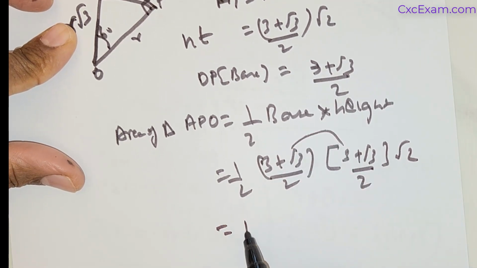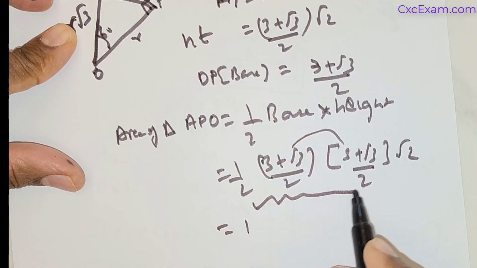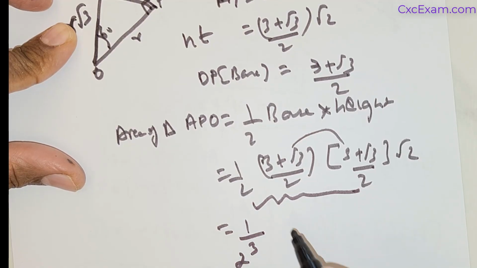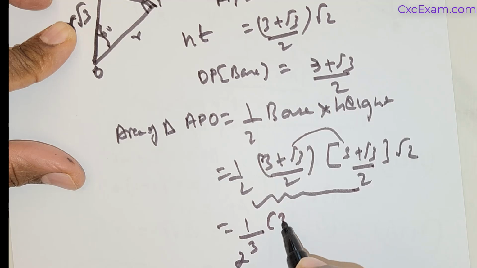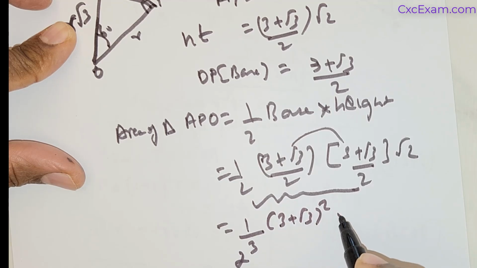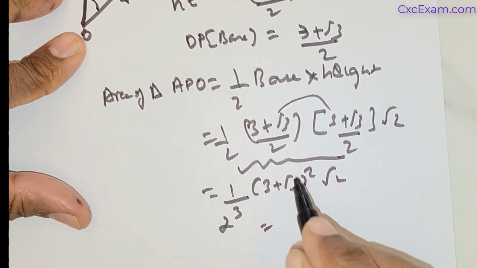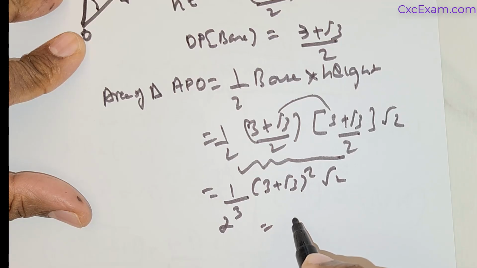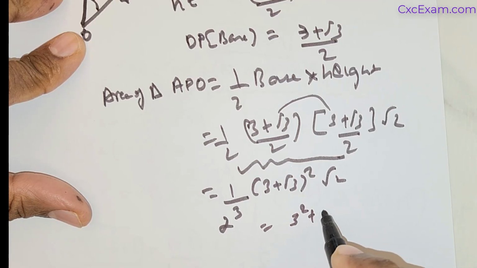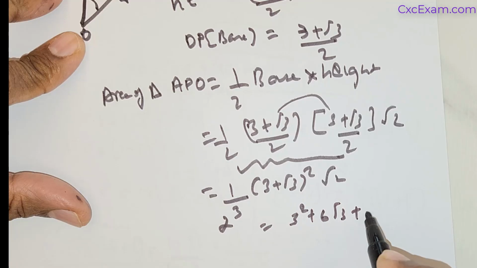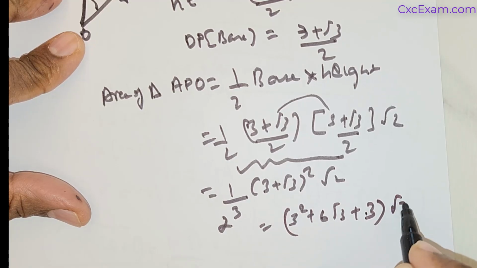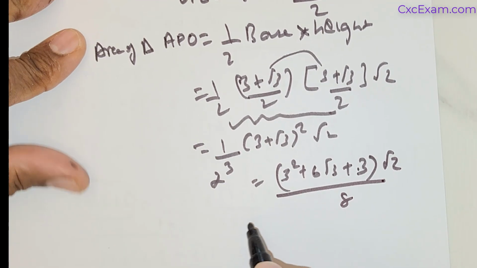I multiply these two. All of this is going to be 2 raised to the power of 3 in the denominator. This is going to be (3 + root 3) squared, and you have a root 2 there. You expand this, you get 3 squared, 6 root 3, plus 3, times root 2, divided by 8.